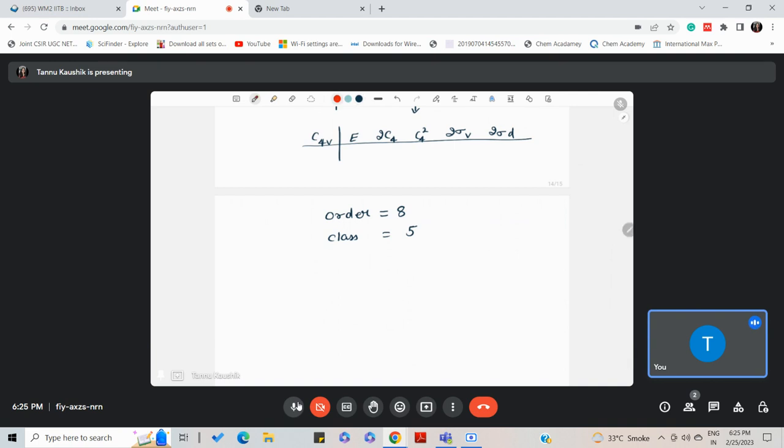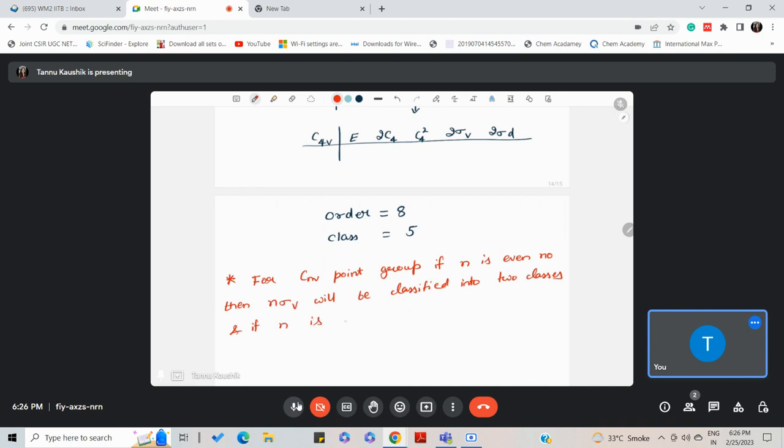So here we can also conclude that for the CNV point group, if n is an even number, then n sigma will be classified into two classes.